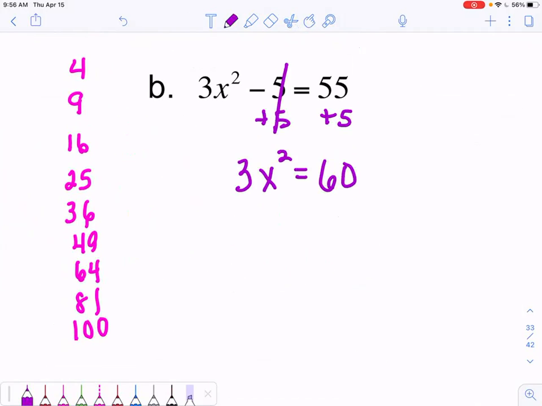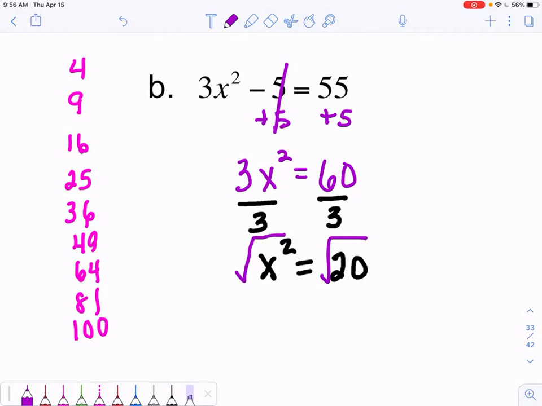So Emma, how do you get x squared by itself? Divide by 3. What is 60 divided by 3? Nice, 20. Now what do you do, Emma? So we square root both sides. And you use 5 and 4.